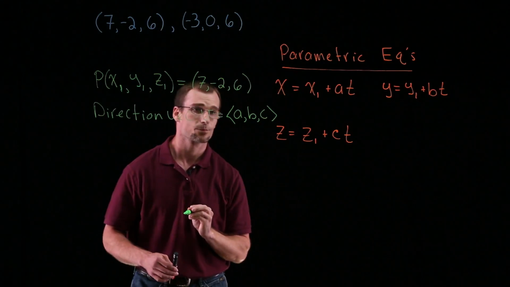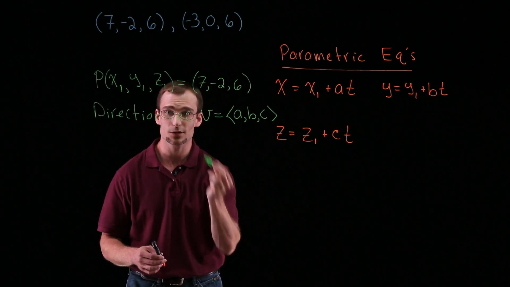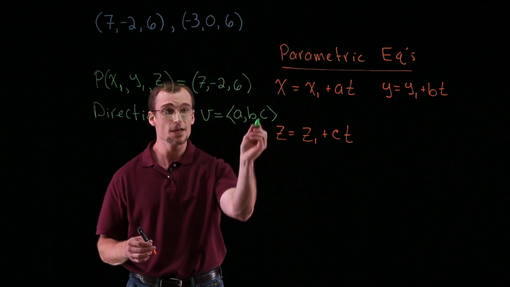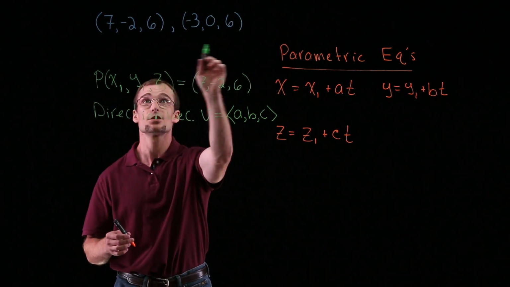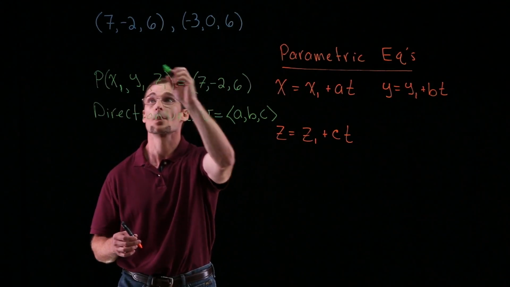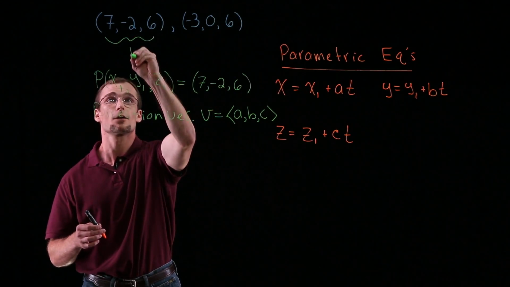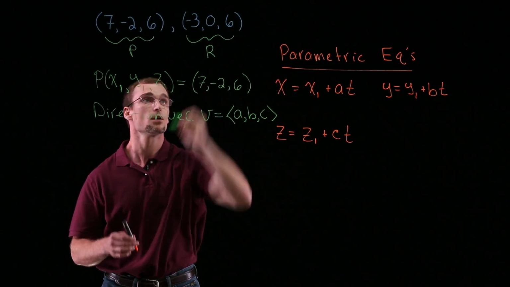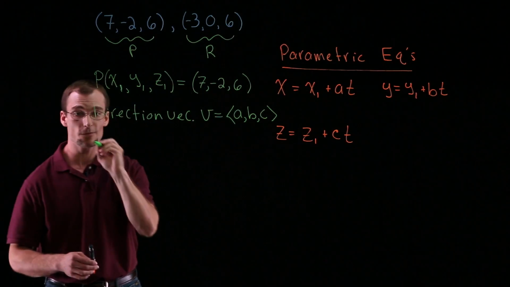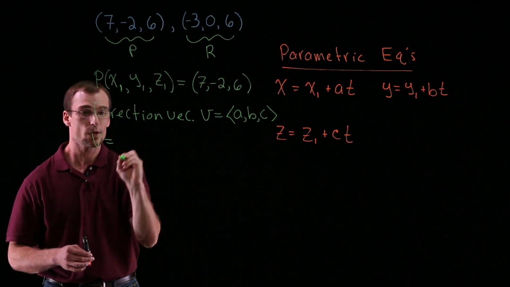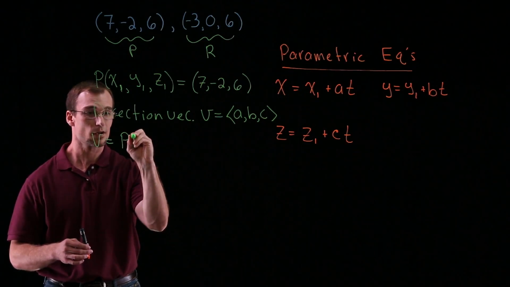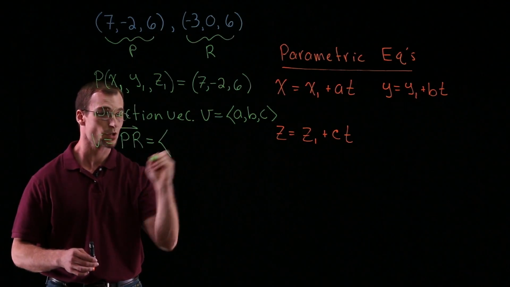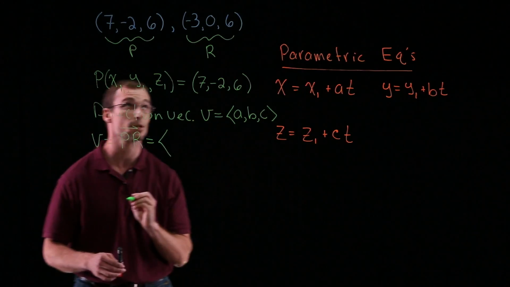So how can we find that? How can we find a vector that's going to be parallel to the line through these 2 points? Well, we can be a little clever here. We can take V as the vector from our point P, which we're calling our first point, to our second point, which let's just call point R. So V we can find as the vector from P to R, which in component form, we do component-wise subtraction.